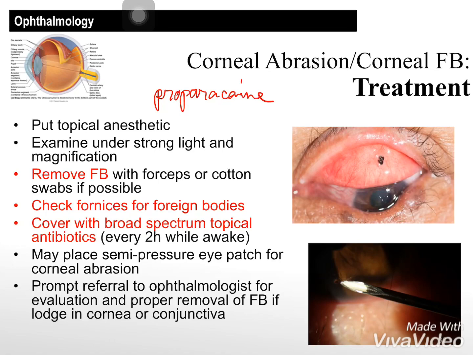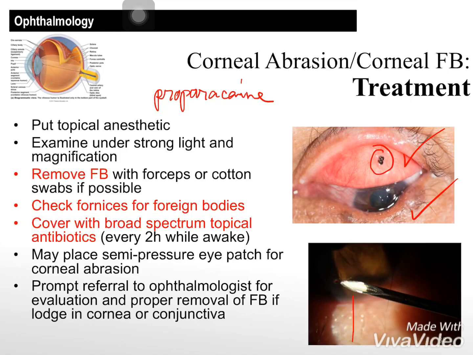Use a strong light. You have to flip the eyelids, both the upper lid and the lower lid. You check the fornices for foreign body, and if you see a foreign body, then you may try to remove it using your forceps or a cotton swab.